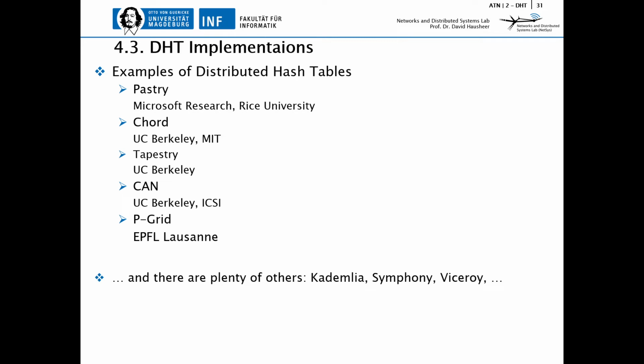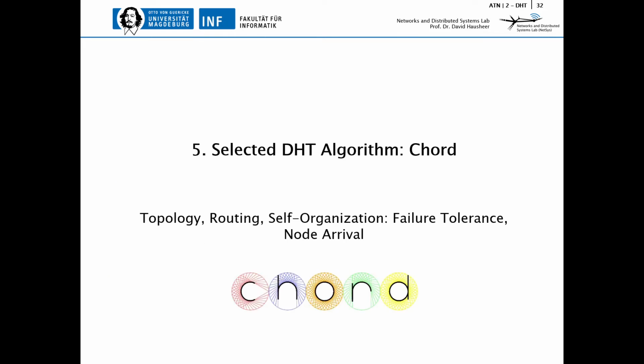This is a two-dimensional or multi-dimensional approach and differs a little bit from, for example, Pastry and Chord. And then also P-Grid, which was developed at EPFL Lausanne in Switzerland. And there are plenty of others, for example, Kademlia, which we'll look at in the next lecture, and many more.